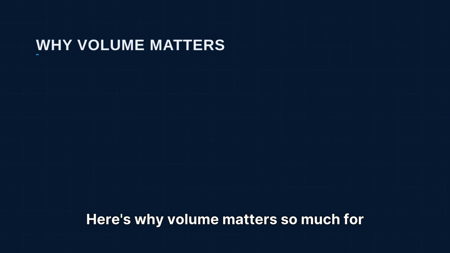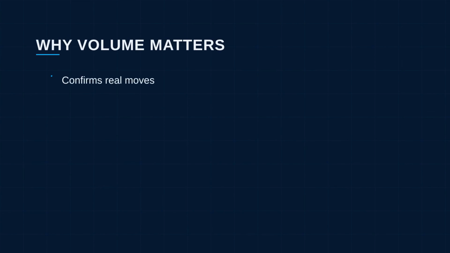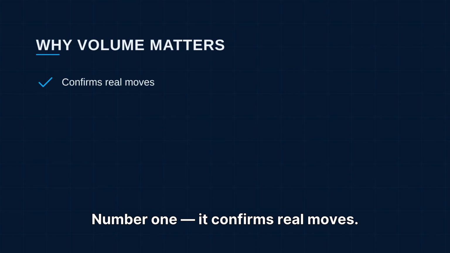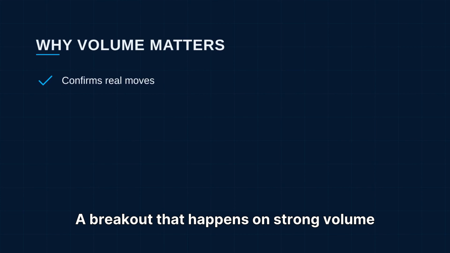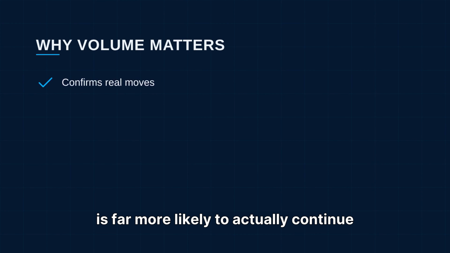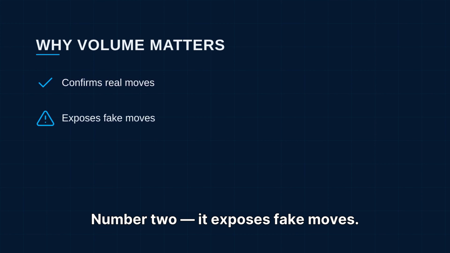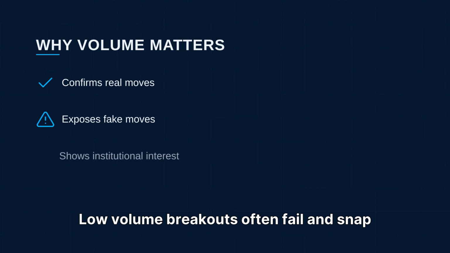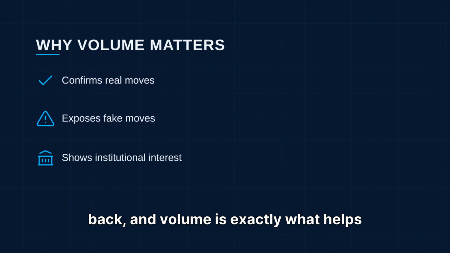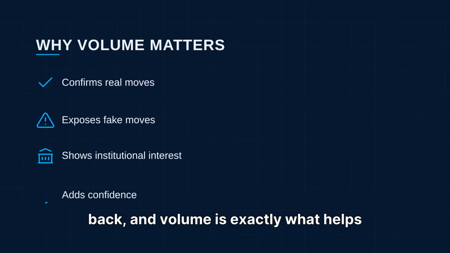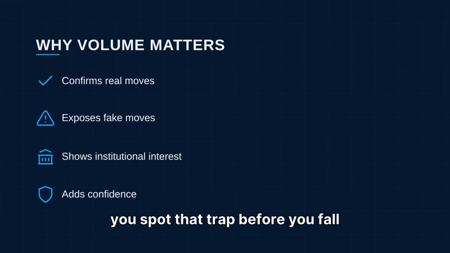Here's why volume matters so much for every single trade. Number 1, it confirms real moves. A breakout that happens on strong volume is far more likely to actually continue than one that creeps through on weak volume. Number 2, it exposes fake moves. Low volume breakouts often fail and snap back, and volume is exactly what helps you spot that trap before you fall into it.